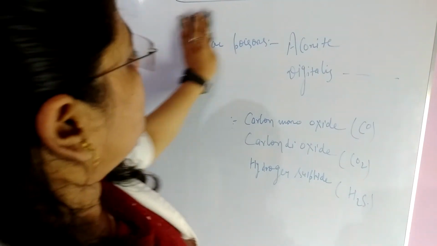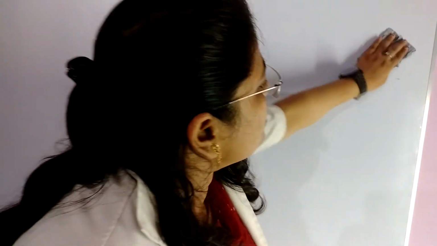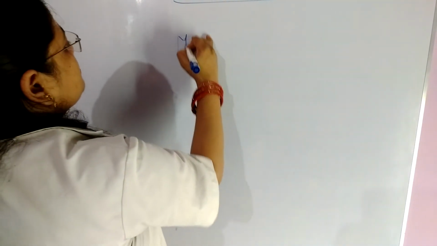Next is miscellaneous. The rest of the poisons are included under the category miscellaneous.